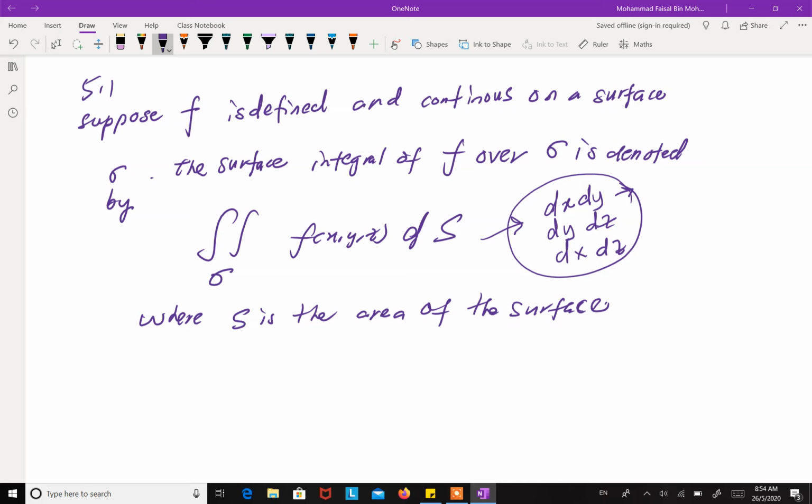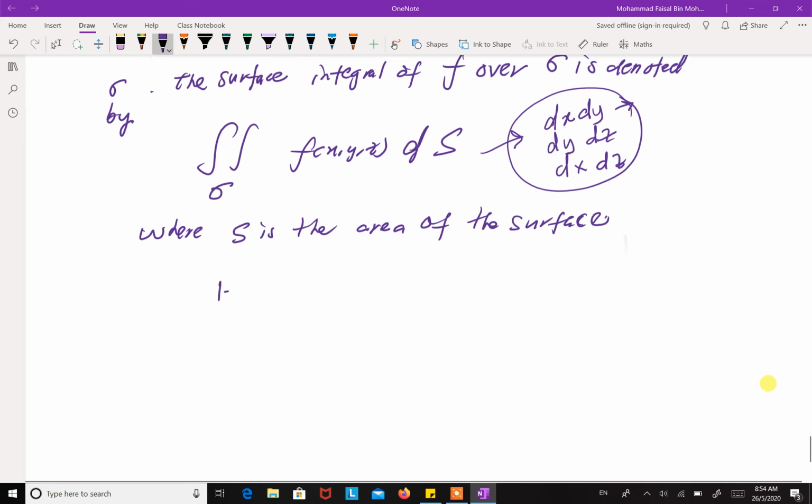Let's say we have z equals to g(x, y), a function of x and y, where R is in the xy plane.